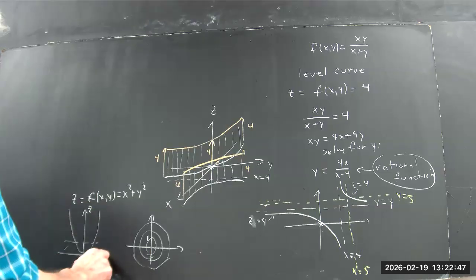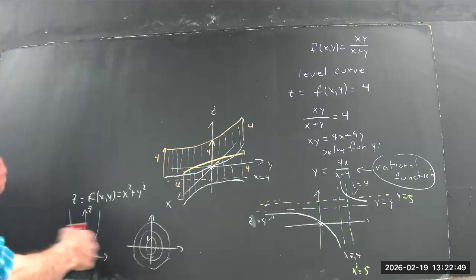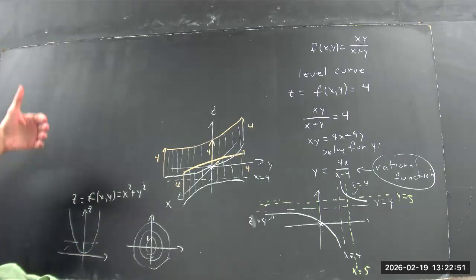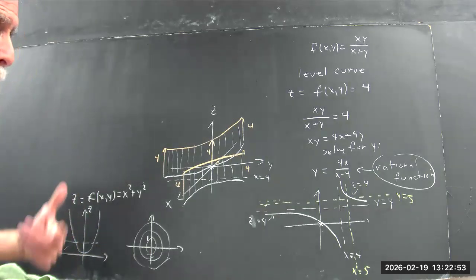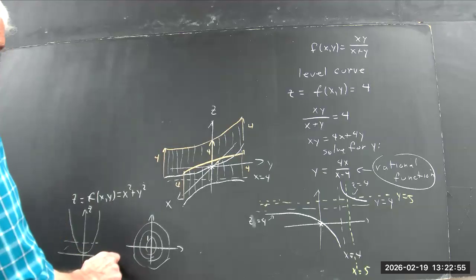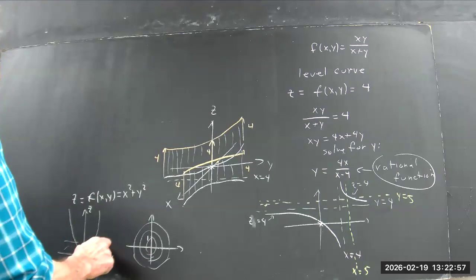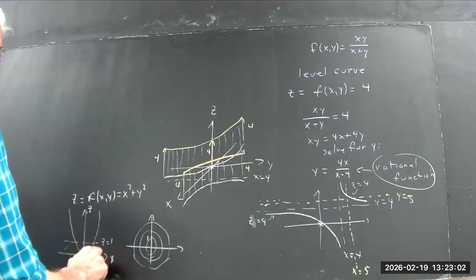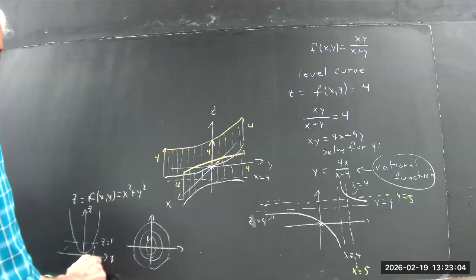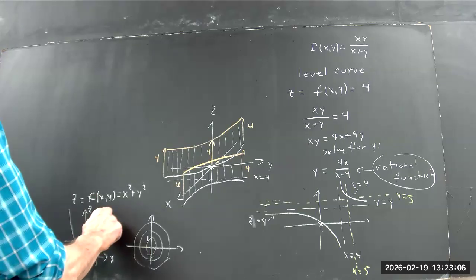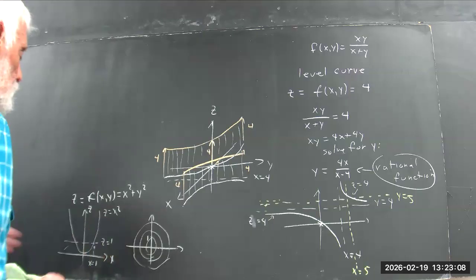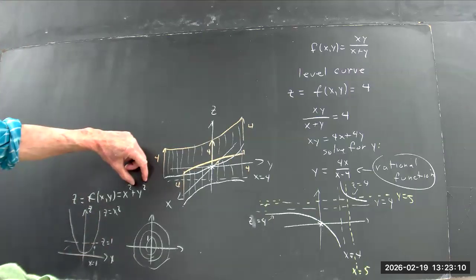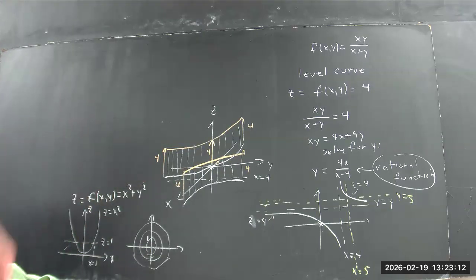Here's z, and here's x or y or any line in the xy plane that goes through the origin. Okay, so we'll just call this x. And here's z equals 1. Well, that occurs for x equals 1. Z equals x squared if we're in the xz plane, because y would equal 0. So it's just z equals x squared.